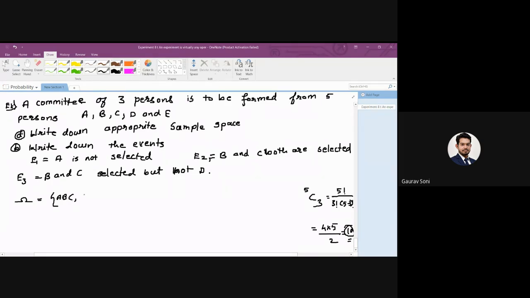I'll write it down in this manner with A, B, C, D, E: A, B, C; A, B, D; A, B, E; A, C, D; A, C, E; A, D, E; then B, C, D; B, C, E; C, D, E.